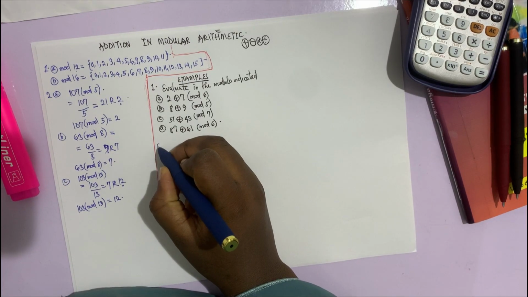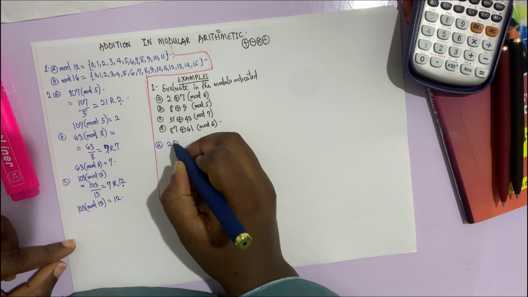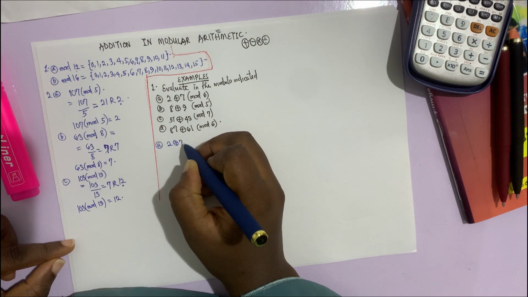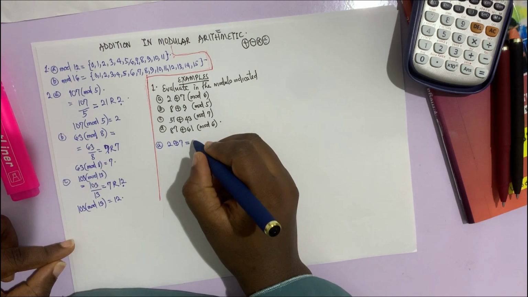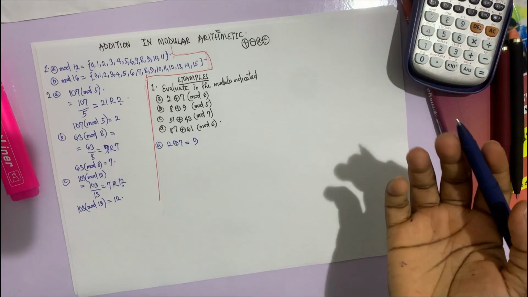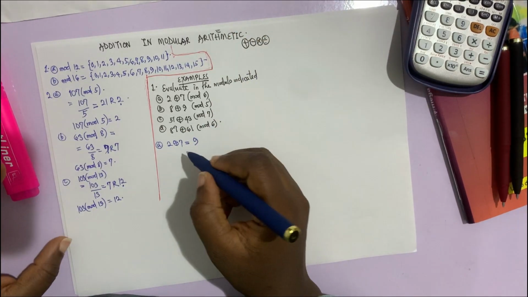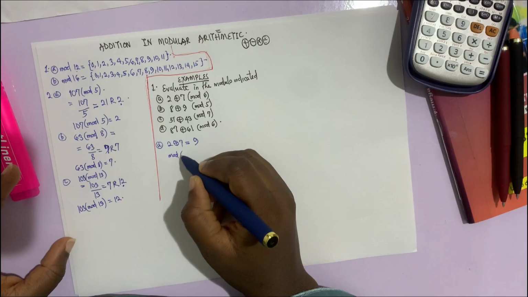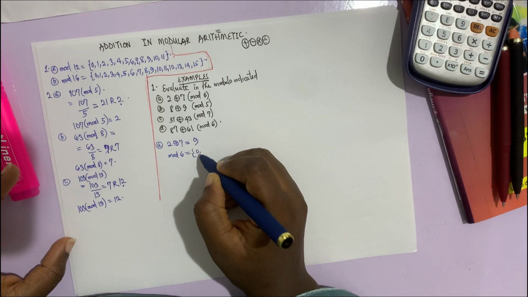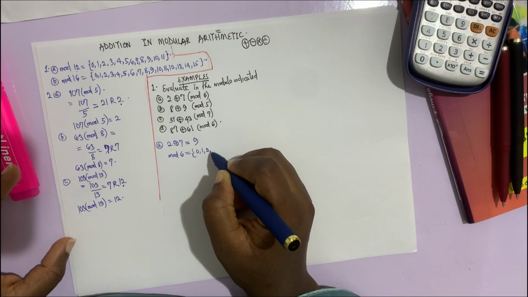So the first one, we have 2 plus 7 modulo 6. 2 plus 7 will give us 9. But of course, we are dealing with residues and remainders. In modulo 6, the only possible remainders are from 0 to 5.